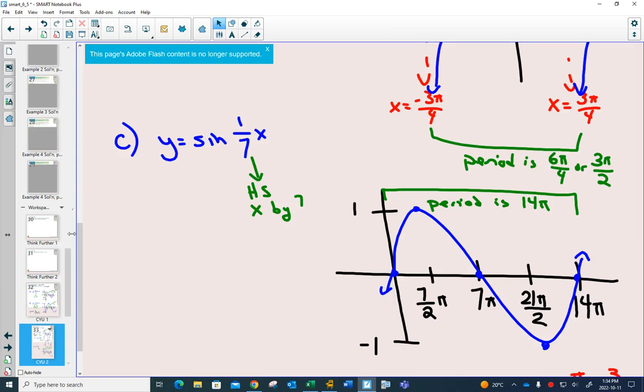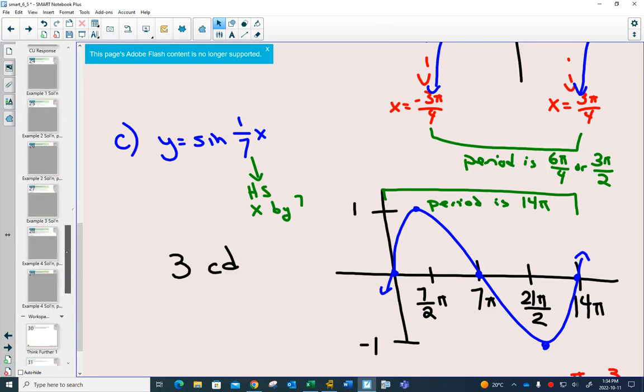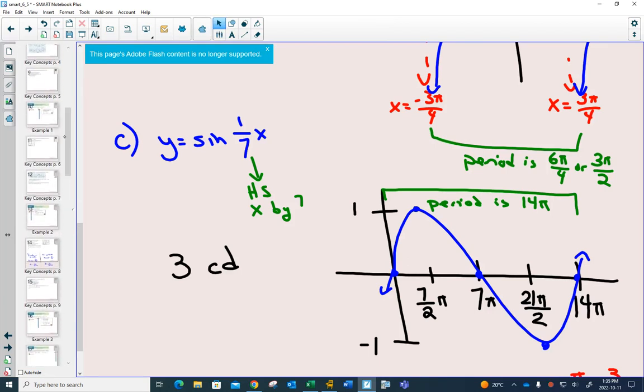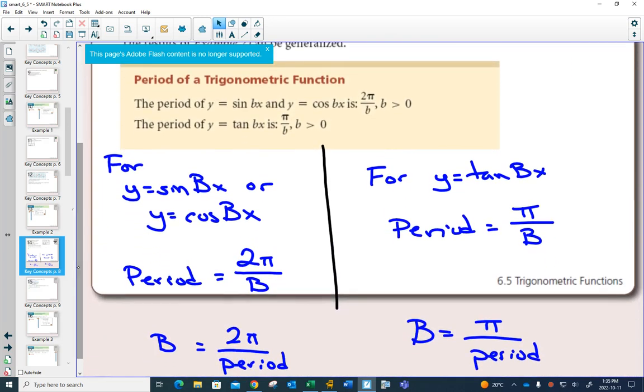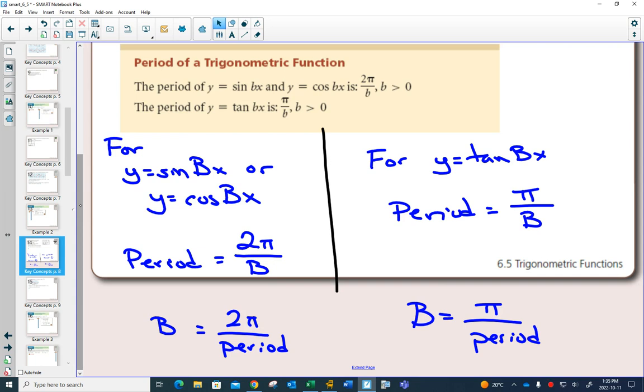So circle the questions C and D in part 3, and then at the bottom of the page, I want you to write these formulas down at the bottom of page 517. This formula is not on your formula sheet. But whenever you have a horizontal stretch or compression, there's a formula for figuring out the period.